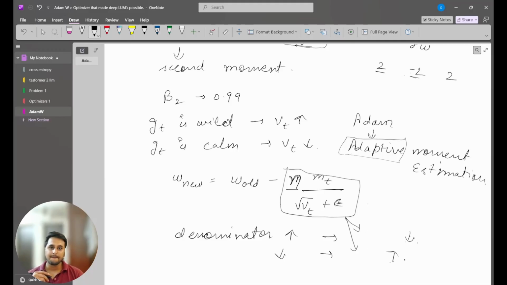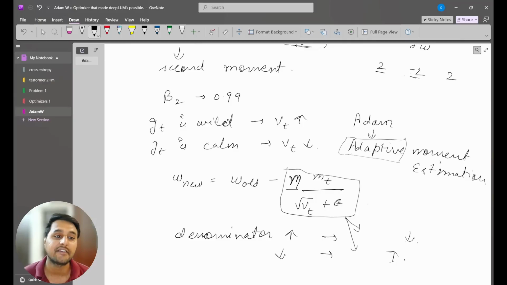So we are saying the Adam optimizer is adaptive because its effective learning rate is different at each weight update, because VT divides the learning rate. That's why the step is different for each weight update.